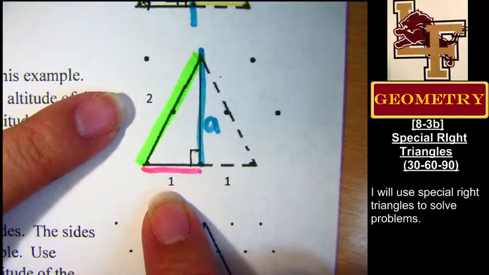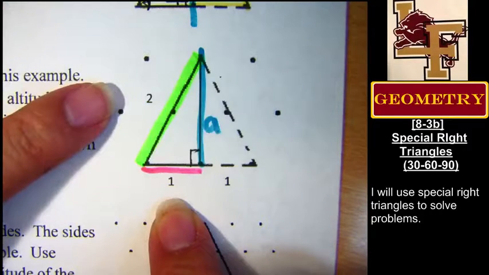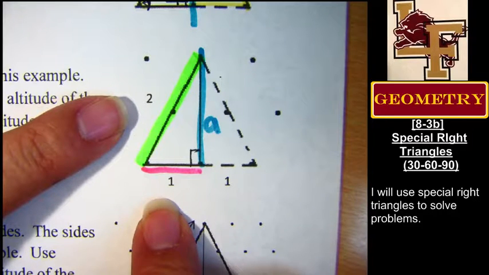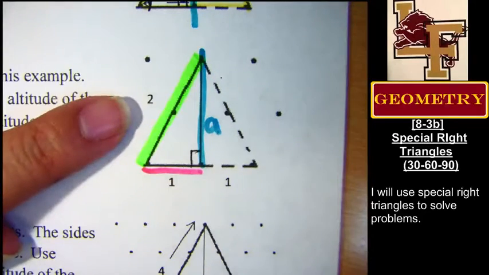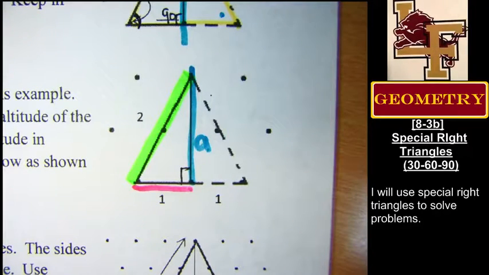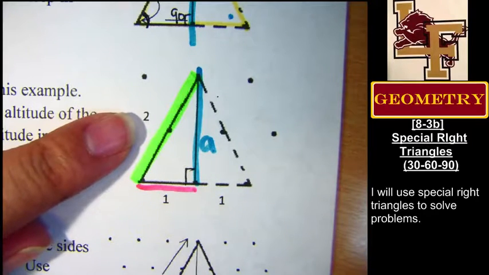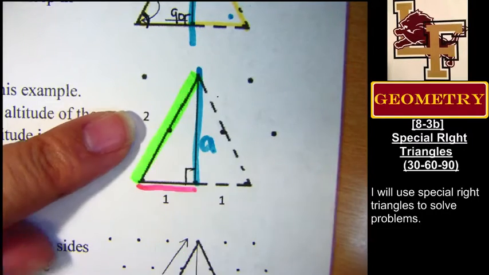What do you notice? Short leg is 1, hypotenuse is 2. How do you go from short leg to hypotenuse? Okay, I could use the Pythagorean theorem, but if I were trying to shortcut it, not use the Pythagorean theorem, what could I do to the number 1 in order to get the number 2? Multiply. By what? By 2. So I could take 1 and multiply it by 2.